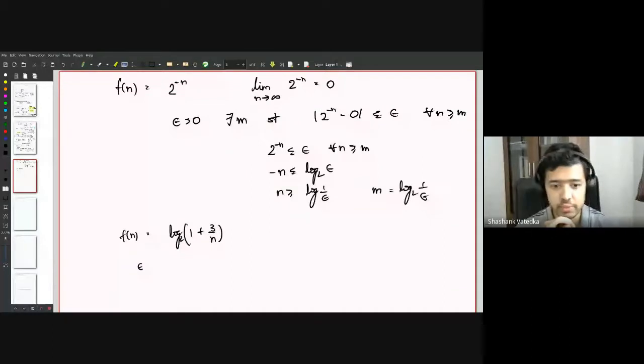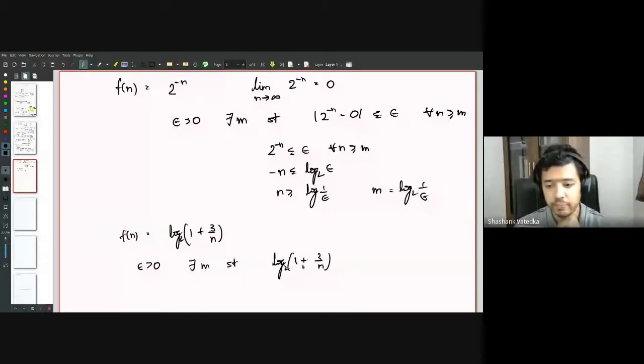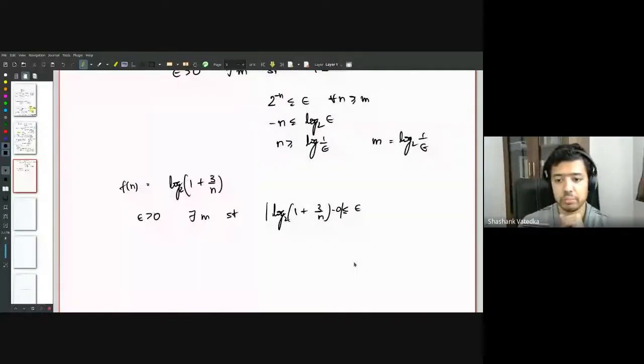So it converges to 0. Okay, and what is the corresponding m? So if I fix an epsilon greater than 0, then I want to show that there is some m such that log of 1 plus 3 over n minus 0 is less than or equal to epsilon.